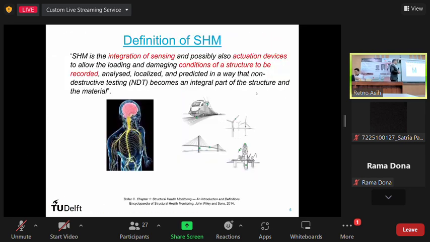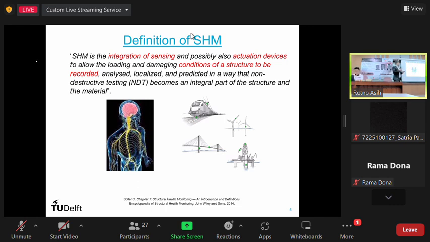So I tried to show the structural health monitoring system as analogous to a human body, because in our body we have nerves, and those nerves act like sensors. If you have a pain in your body, the nerves send a signal to your brain that your body has a problem, that some part of it is not working as it should. Your brain then makes a decision based on the signal.